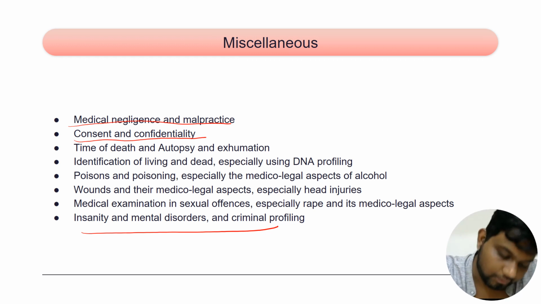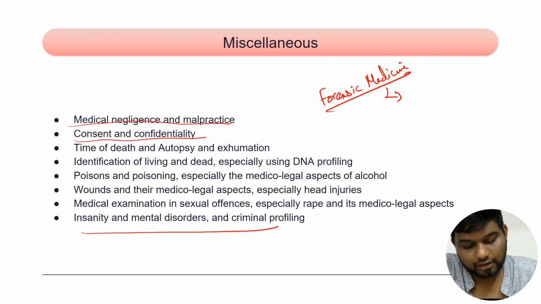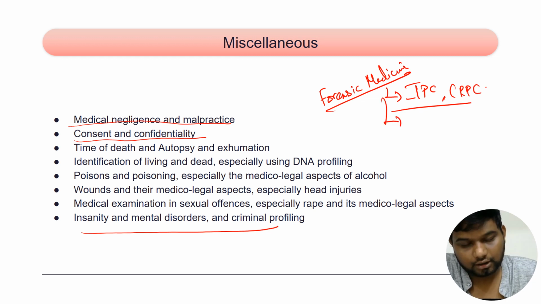So speaking about forensic medicine, let's list out the things you have to remember. If you are very good at remembering, remember the IPCs and CRPCs, which we have listed in your QRS.